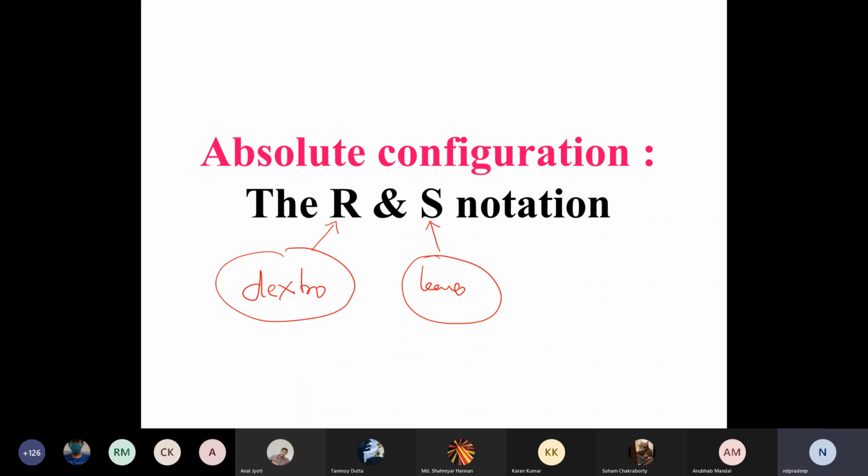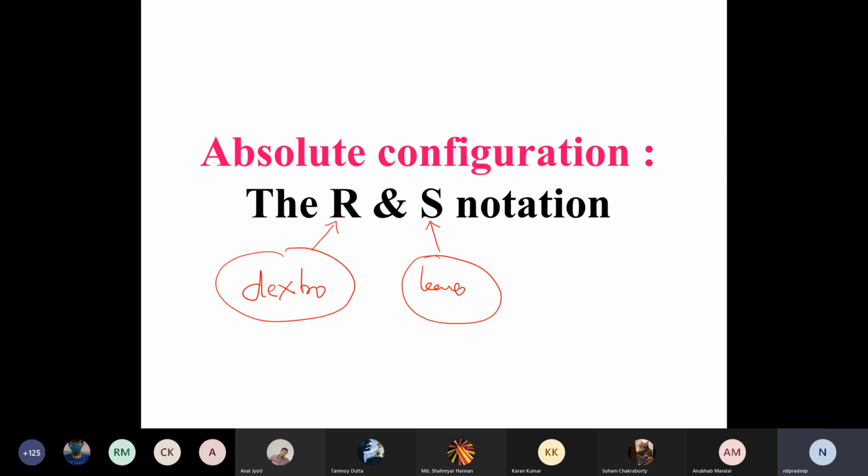Levo turns it anti-clockwise. Then what do R and S do? R and S of a given compound will definitely have different directions of turning the light. That is the first thing.